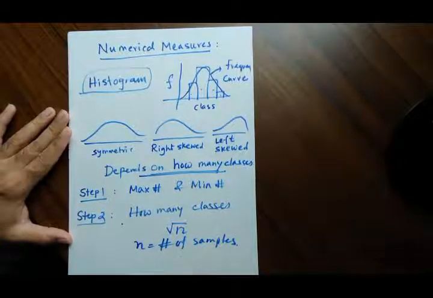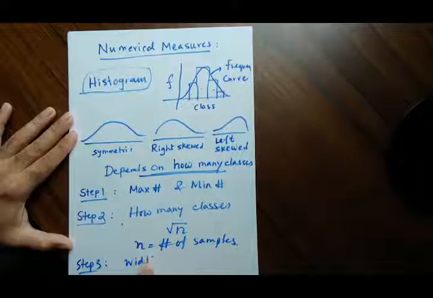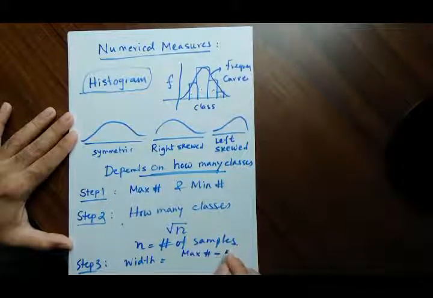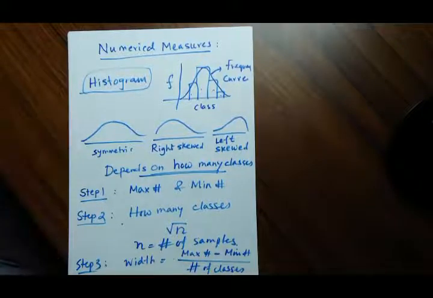So that's the way it'll be determined. And step 3, you need to find what's the width of each class. That will be the max minus the min divided by the number of classes. So these are the 3 steps we need to go through.